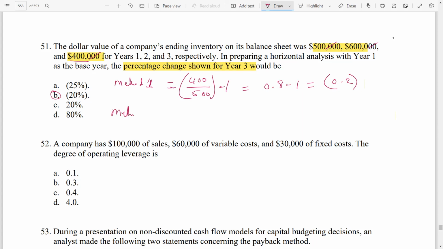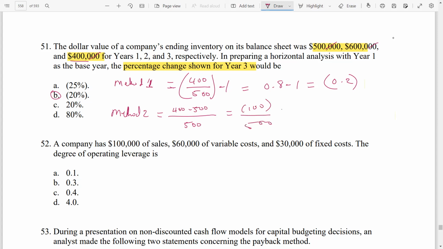Or we can do method 2. The second method, we have 500 minus 400 divided by 500. But it is a decrease, so let's redo this: 400 minus 500, which is negative 100, divided by 500.